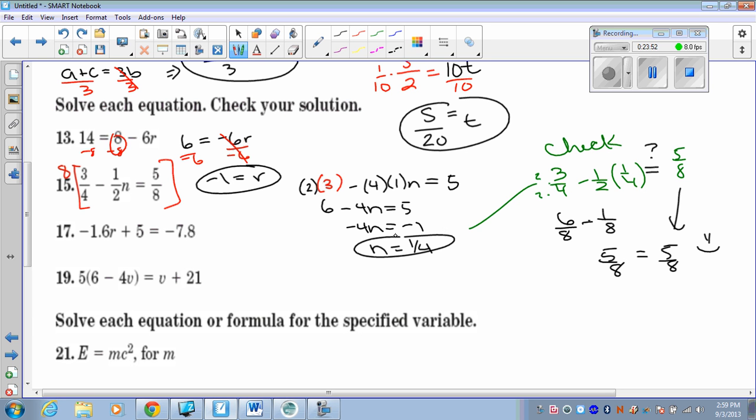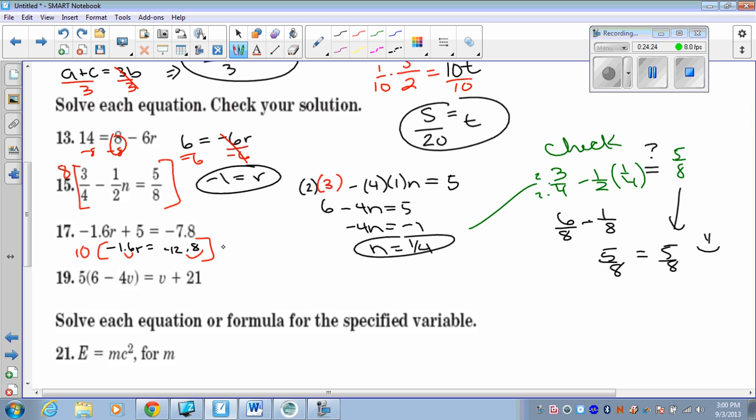So that's how we know we got it right. Alright, over here, it's a simple two-step. It just has decimals, subtract by 5, and you get negative 1.6R equals negative 12.8. Divide by negative 1.6. Now, the decimals make this a little tricky. A little trick of the trade to get rid of these decimals is to multiply the entire equation, this time by 10. If I multiply by 10, that's going to move this decimal place over 1. It's going to move that one over 1. I'm allowed to do it as long as I do it on both sides.